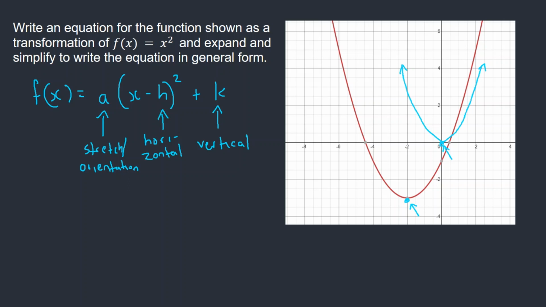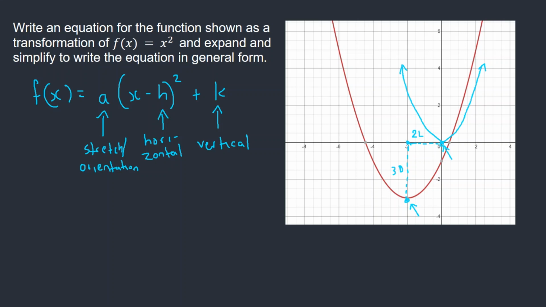By looking at that, we can observe that the function seems to have been translated 2 units to the left, so I'm going to write 2L, and 3 units down, 3 down. And so we would know that the k value would be -3 and the h value would be -2.